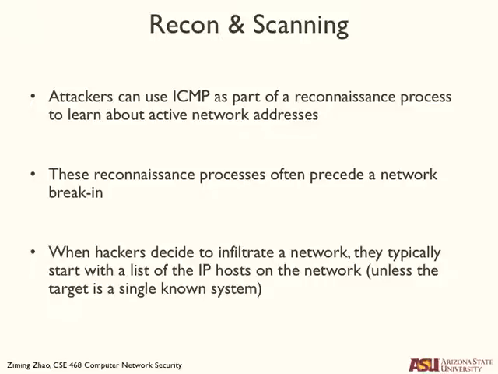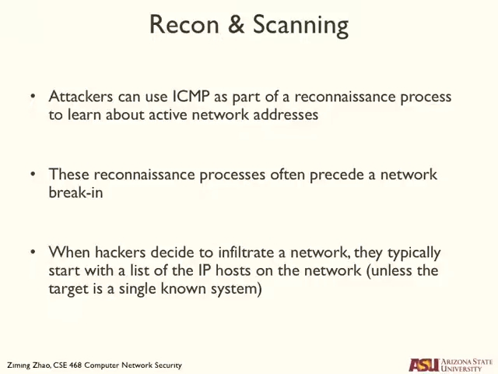So attackers could use this ICMP as a reconnaissance tool to learn about the network addresses. And after that, they can decide what kind of strategy I will use to attack some specific systems. And sometimes this can also be used for fingerprinting, which means I send out a message based on some side channels.